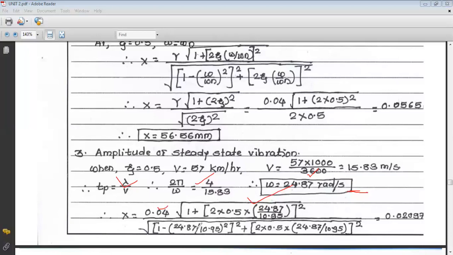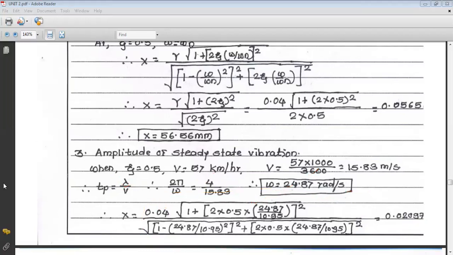Similarly, square root of 1 minus omega upon omega n square, we have to put the value of omega and omega n, so again the same 2 zeta omega upon omega n whole bracket square. After solving this numerator and denominator term, we get the value of x as 0.02097 meter. So in mm it becomes 20.97.